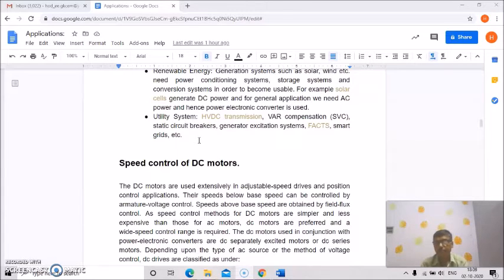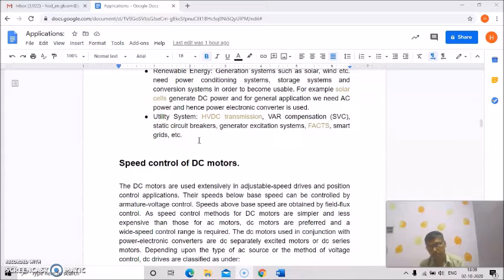Basically, DC motors are used extensively in adjustable speed drives and position control applications. Their speeds below base speed can be controlled by armature voltage control. Those who have studied electrical machines minutely know this: if you go to the characteristics of the DC motors and the speed equations, you will find that speed below base speed can be controlled by armature voltage control.